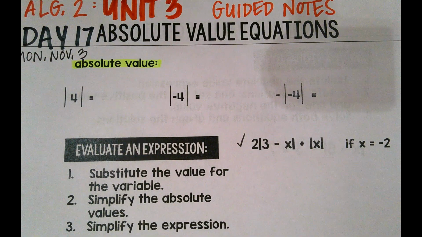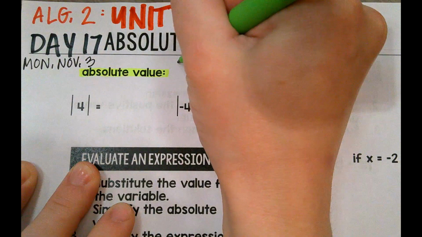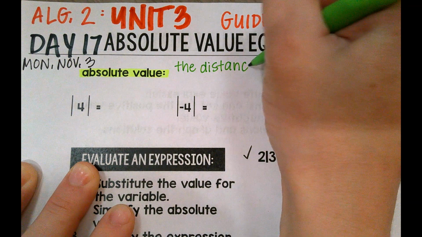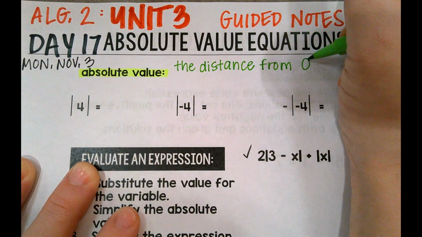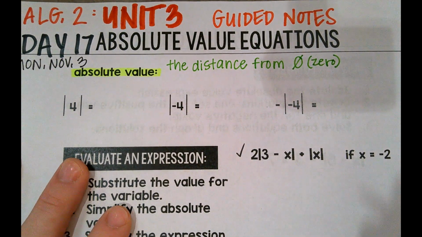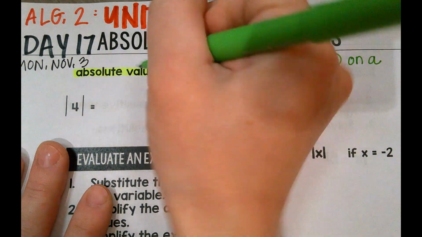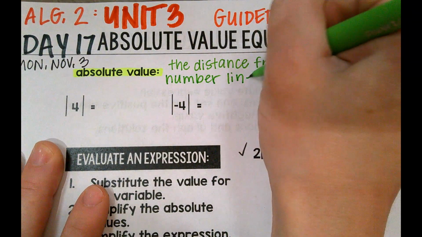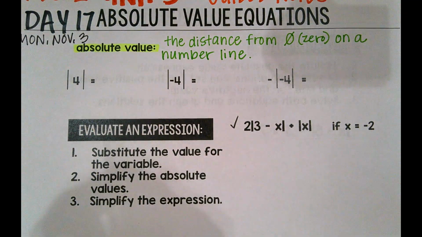So absolute value is defined as the distance from 0 on a number line.